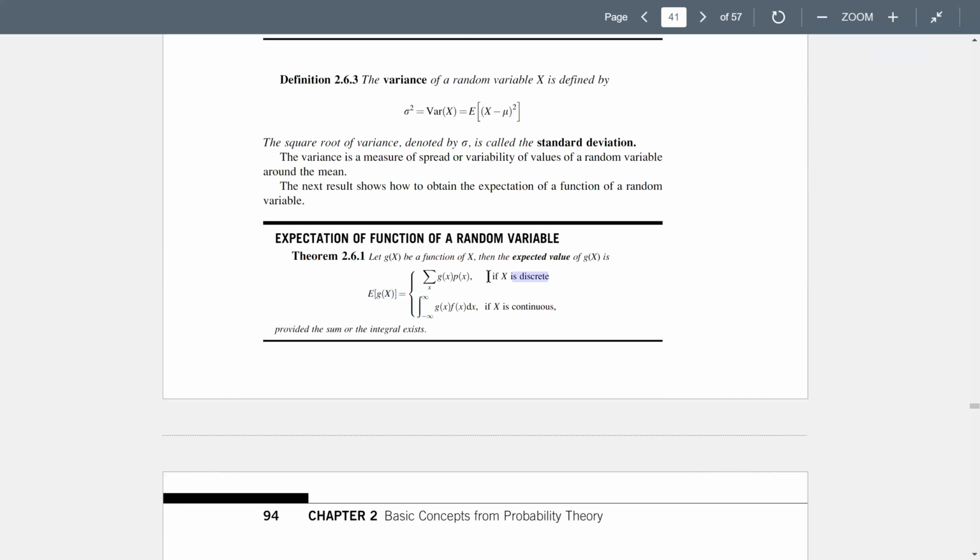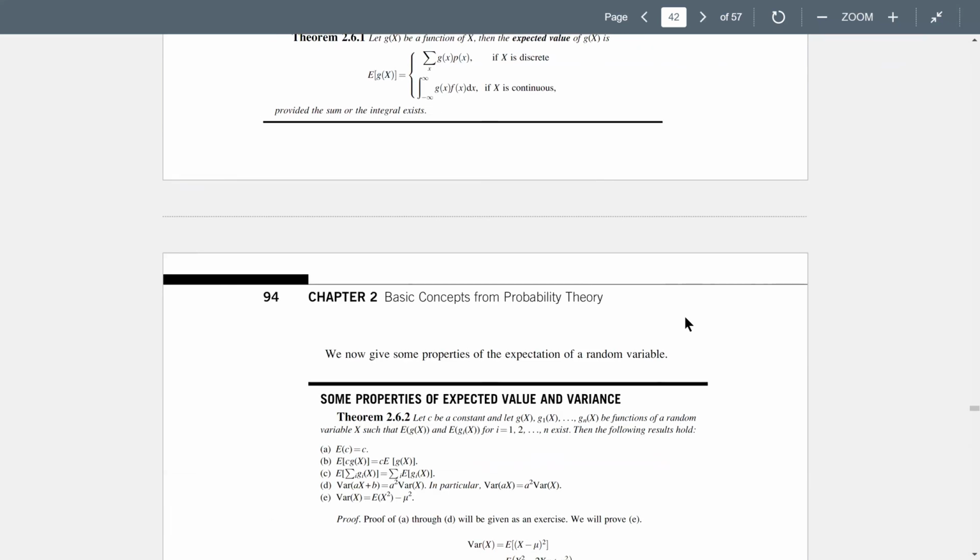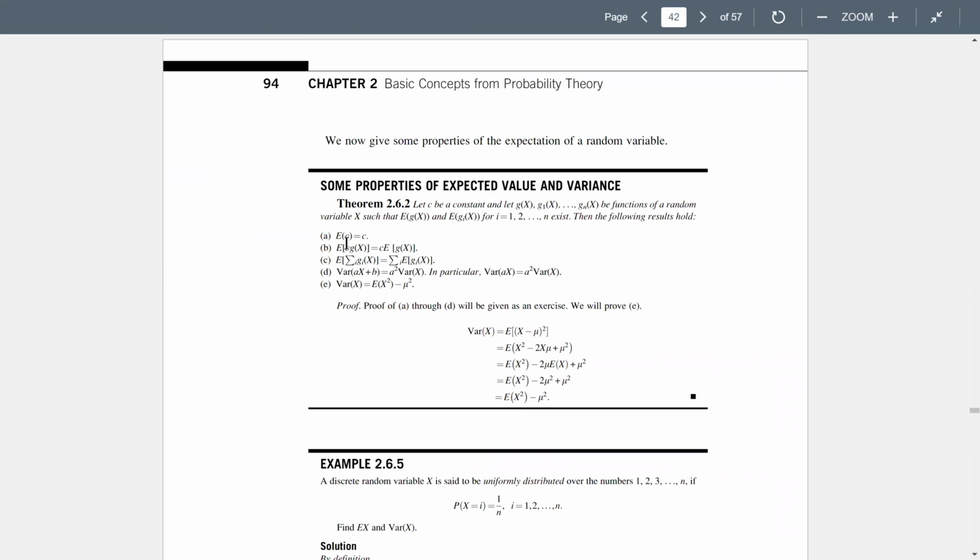So if x is discrete, we use summation. If x is continuous, we use integration. And these are the properties of expected value and variance.